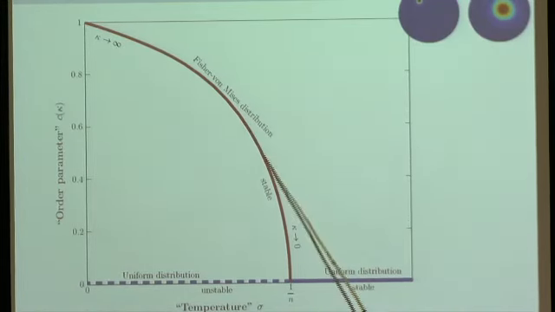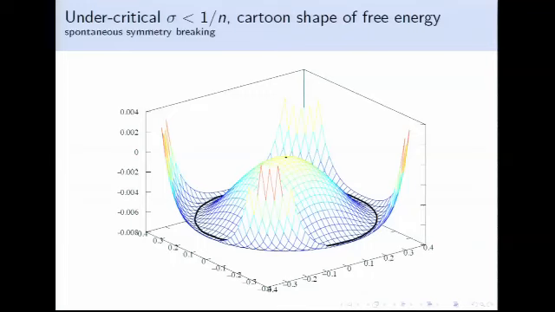Okay, so this is a cartoon. It's basically what is called spontaneous symmetry breaking. Beyond the critical point there is a nice parabola whose unique minimum is the uniform distribution.